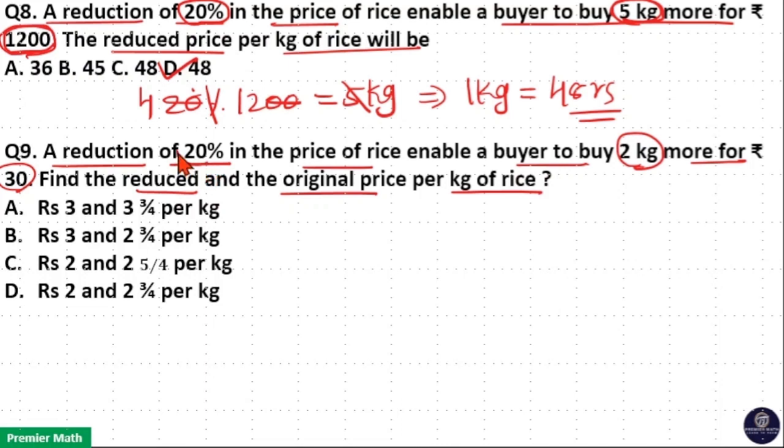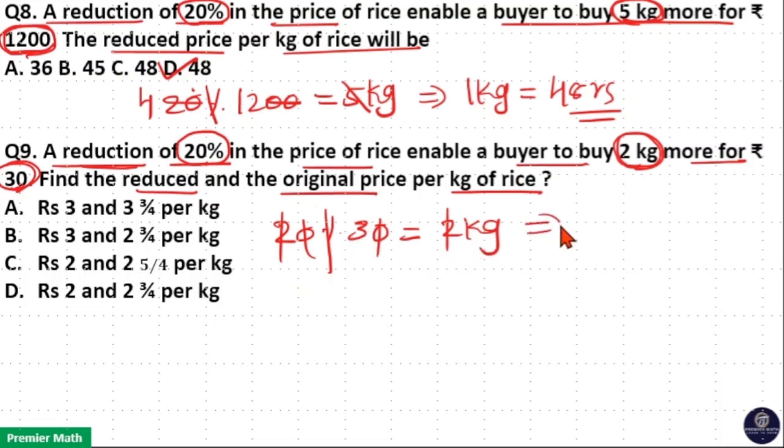Here this 20% discount results in this extra 2 kg, and this 2 kg also comes from this 30 rupees, which means 20% of this 30 rupees results in this extra 2 kg. Now percentage and 00 cancel, 2 and 2 cancel, that is 1 kilogram cost is equal to 3 rupees.